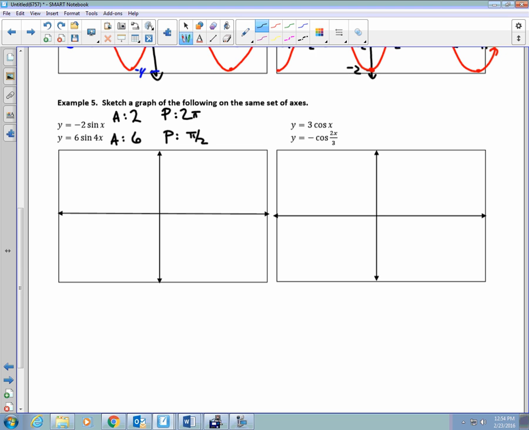So here's what I would encourage you to do. I would encourage you to take the largest amplitude, so 6, and mark that off at top and bottom. Notice how I'm choosing to use 2 for my tick marks. And I would encourage you to choose your largest period, so 2 pi, and mark that off.